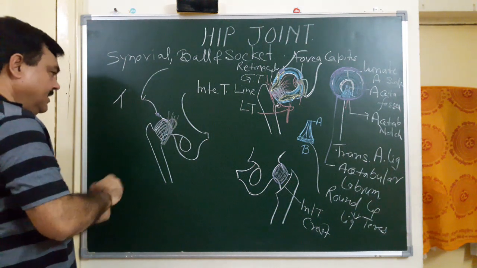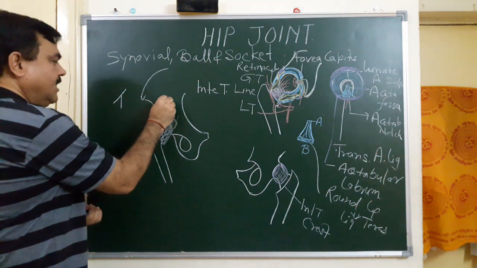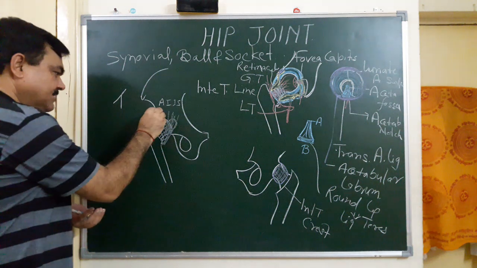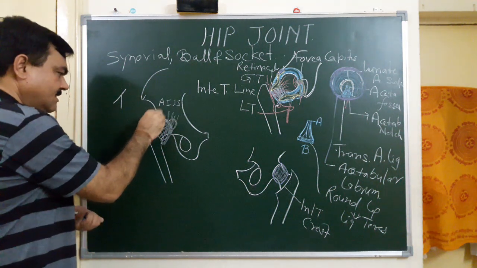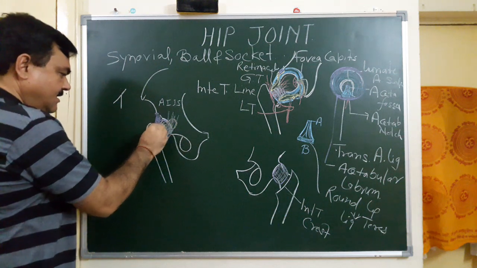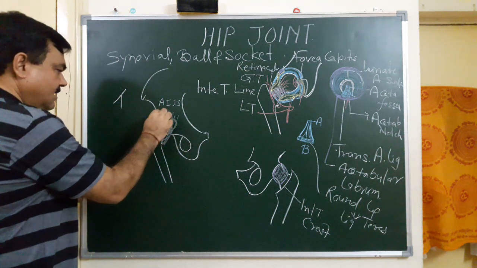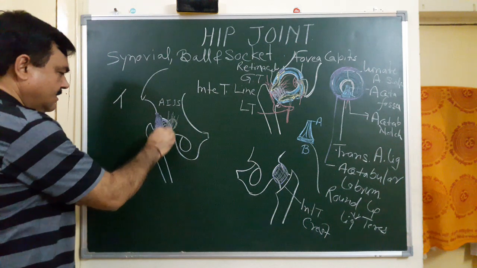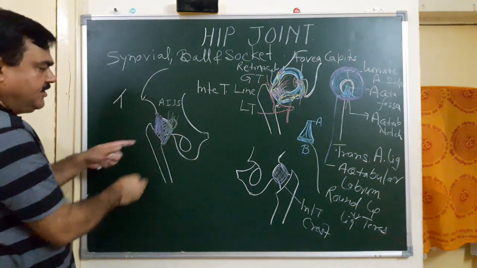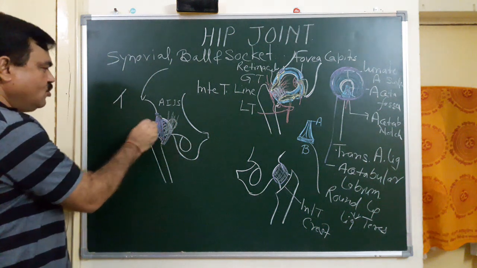This part is the anterior inferior iliac spine, this portion. So anteriorly it is attached with this, and laterally it is attached with the intertrochanteric line.